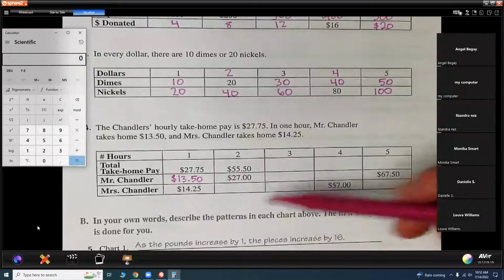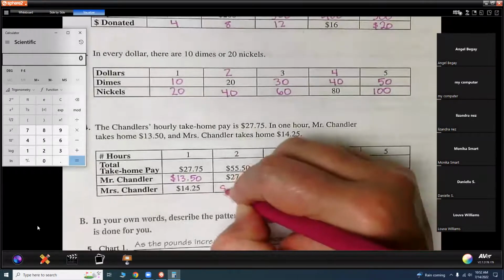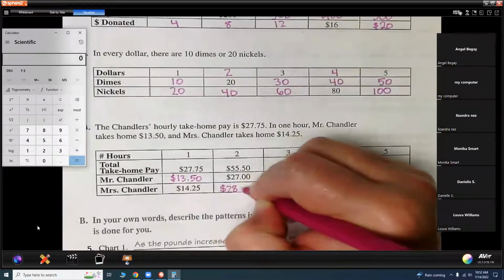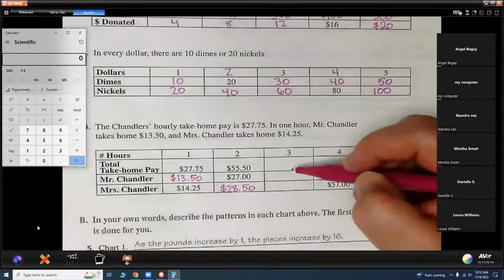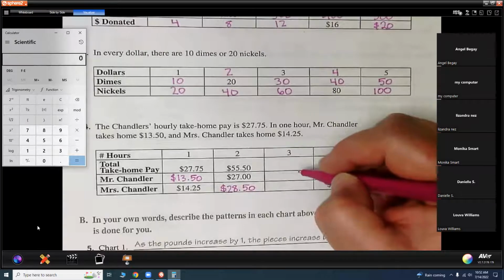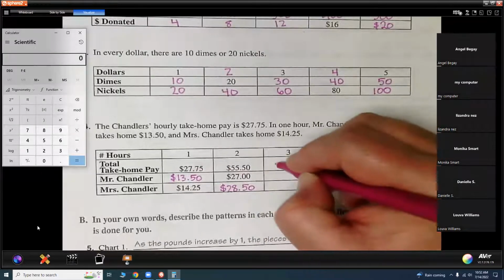Okay, so after 2 hours of work, how much is Mrs. Chandler making? 28.50. And then what would be the total? 83.25, so we're just adding, 27, yeah, good.